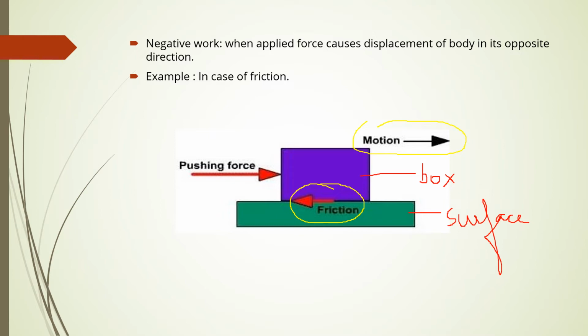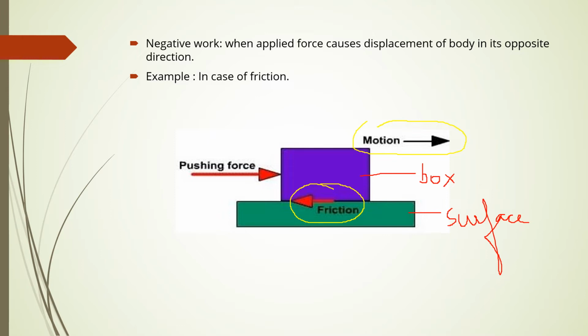Whether it slows down the motion or stops it, it opposes the motion. It acts opposite to the pushing force or the motion of the object. In which direction the body is moving, in just the opposite direction the frictional force will be acting.